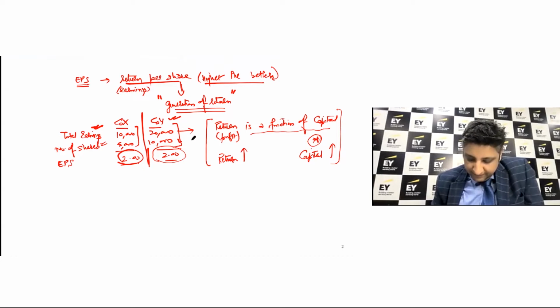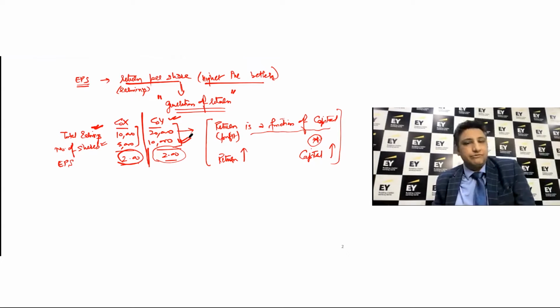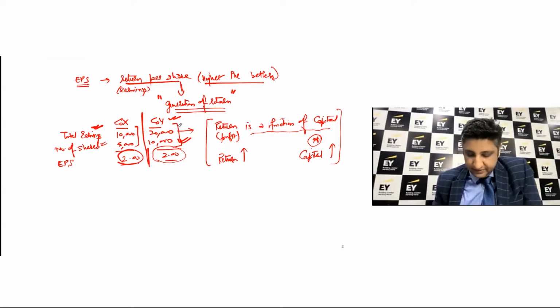If company Y has 10,000 shares, it has received money by issue of 10,000 shares and is making a profit of 20,000, it is expected to make a higher profit compared with company X, which has only issued 5,000 shares.